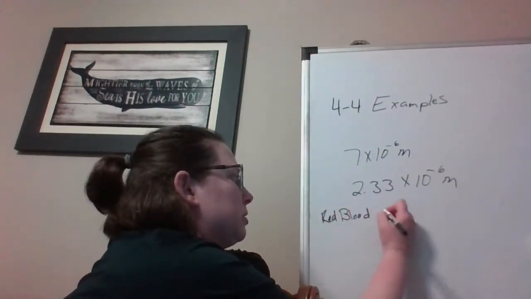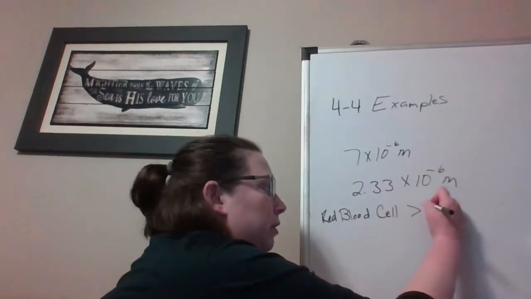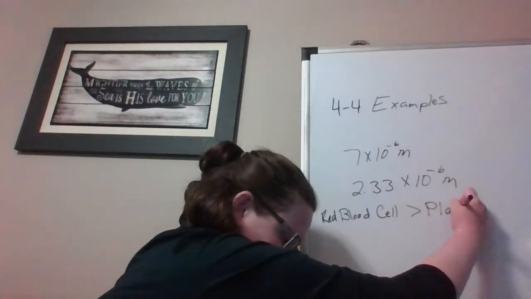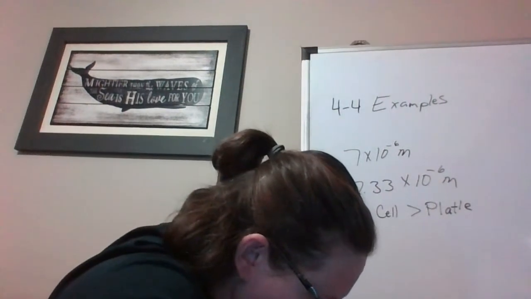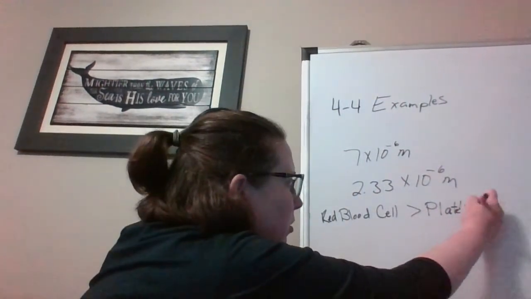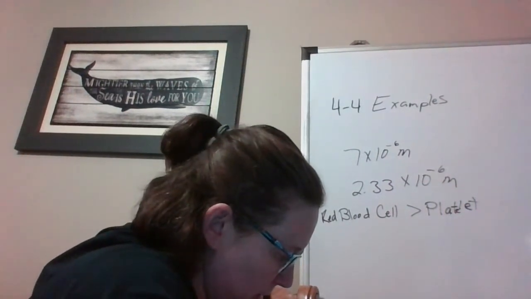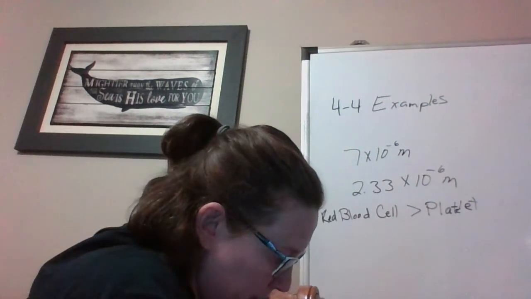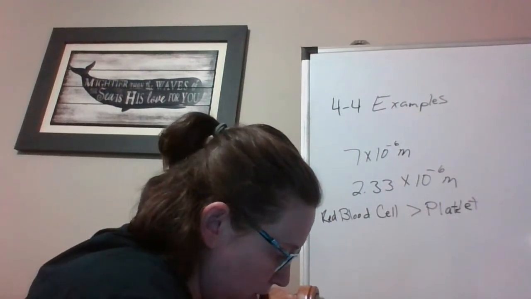So red blood cell is greater than platelet. So that red blood cell's diameter is greater than the platelet's diameter.